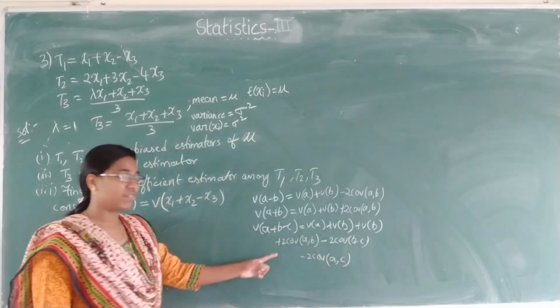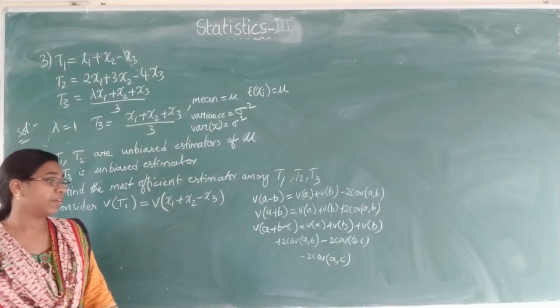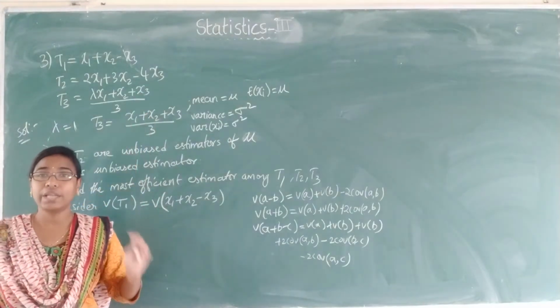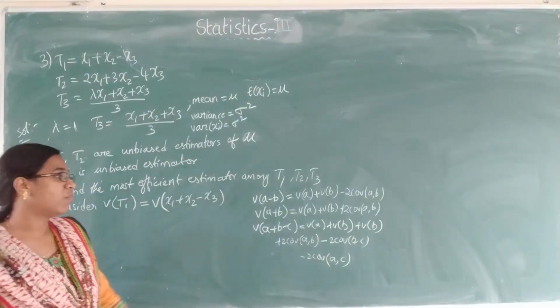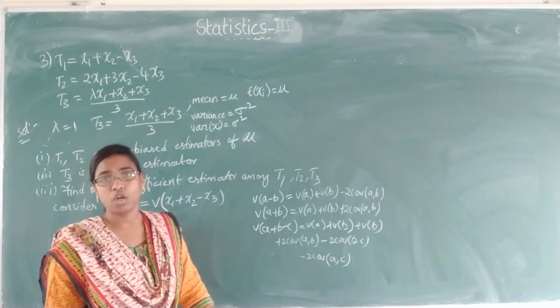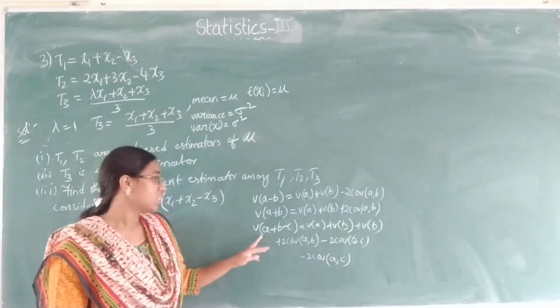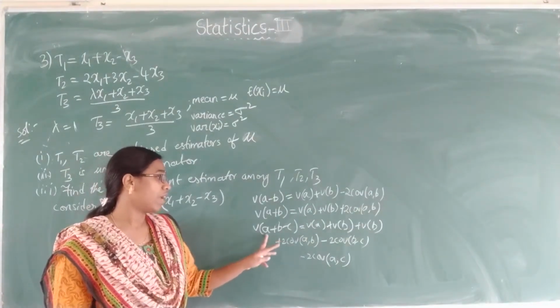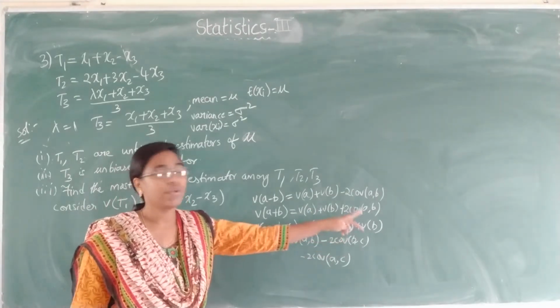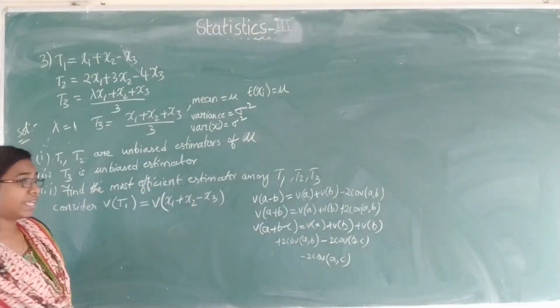Wherever you have c, the covariance term will be negative. But the sample values given are independent. Whenever sample values are independent, the covariance terms vanish. So the variance of a plus b minus c can be written as variance of a plus variance of b plus variance of c itself.